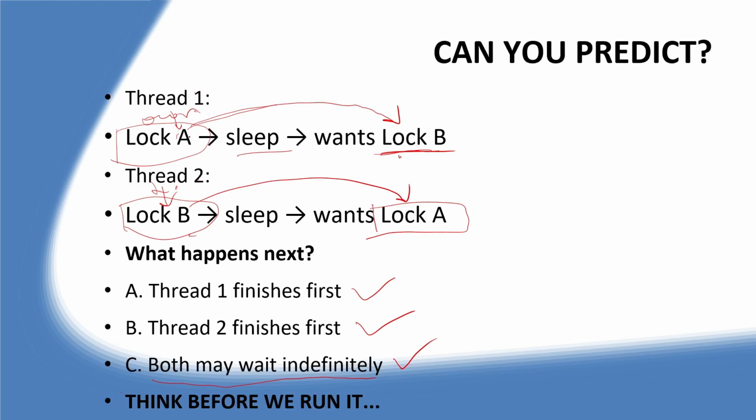Thread 1 would have to release lock A, and only then can thread 2 acquire lock A. So they are waiting for each other, and both threads may wait indefinitely. The threads can simply remain blocked. That is one reason deadlocks can be difficult to diagnose, to identify.